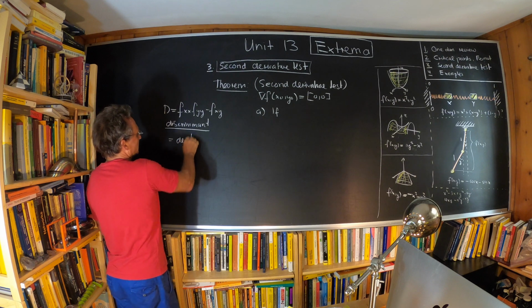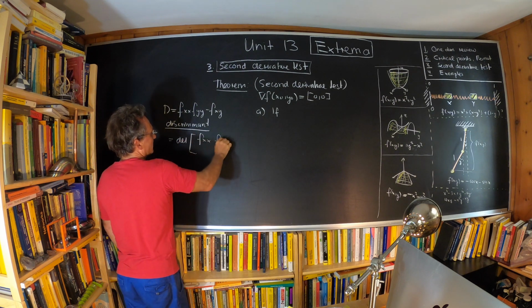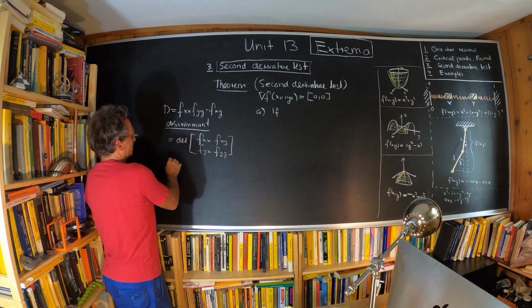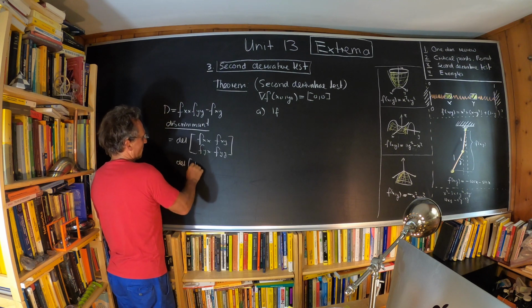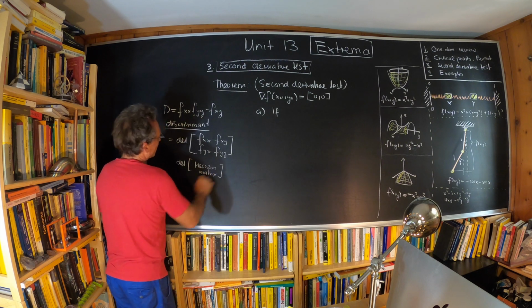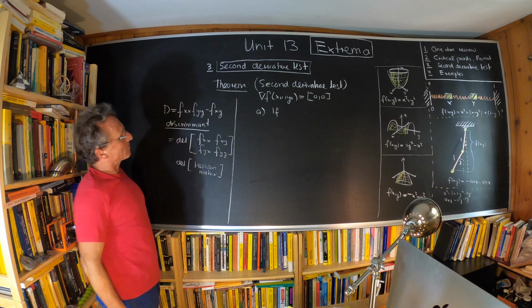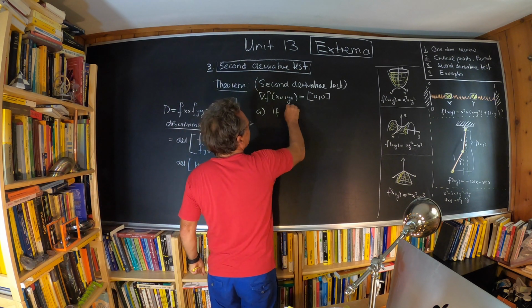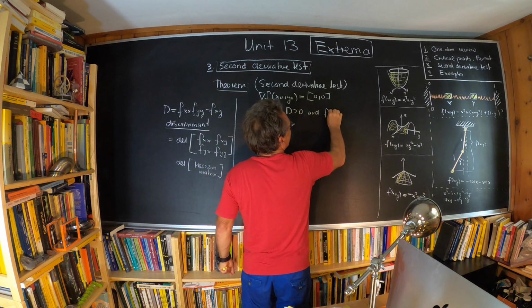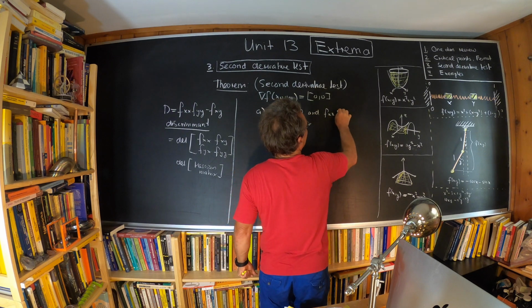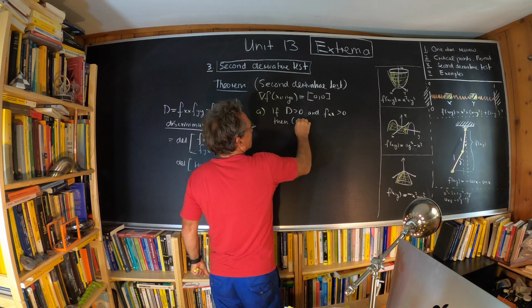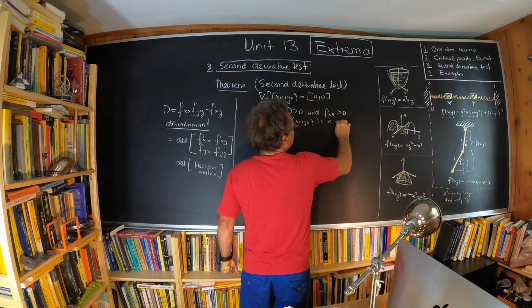It's the determinant of this matrix: fxx, fxy, fyx, fyy. So if D is positive and fxx is positive too, then x naught, y naught is a minimum.